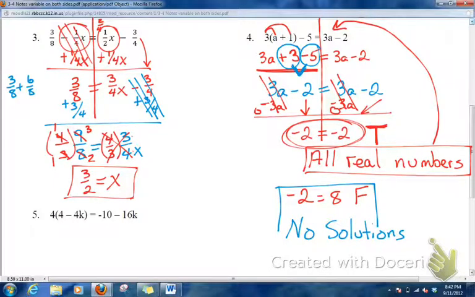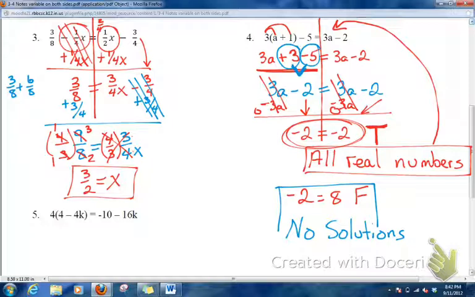That means there is no number that you could plug into the original equation and it would be true. There are no numbers that exist that would make the original problem a true statement. That's why they say there's no solution. Alright, so a little bit of information there on the difference between all real numbers and no solutions.